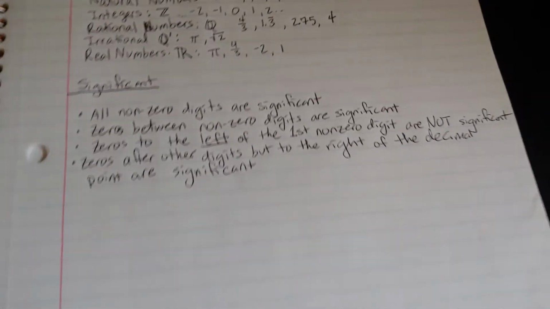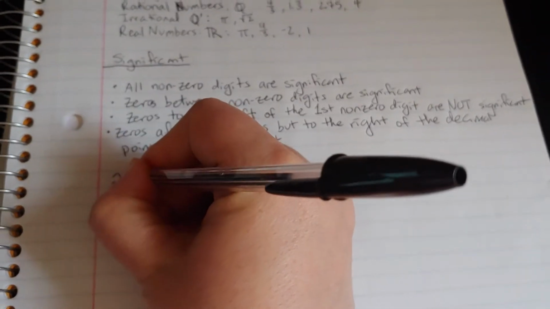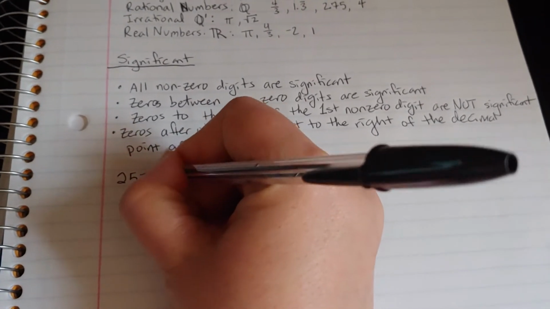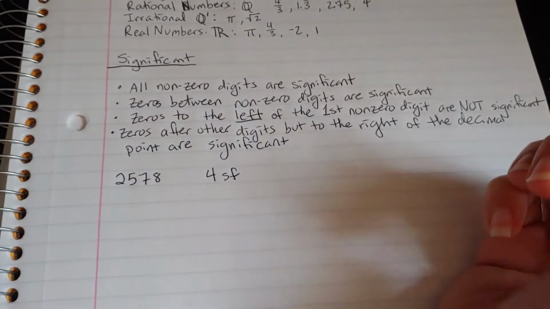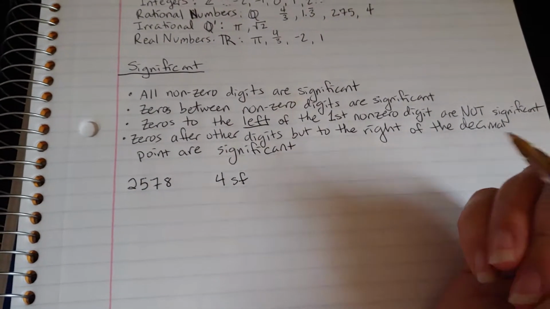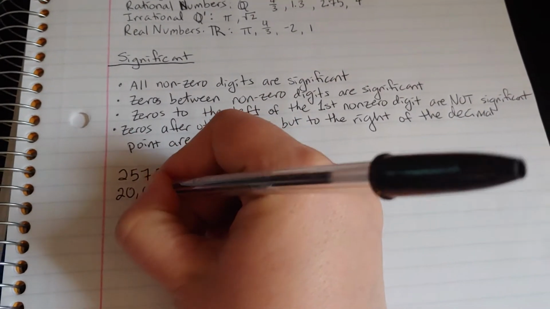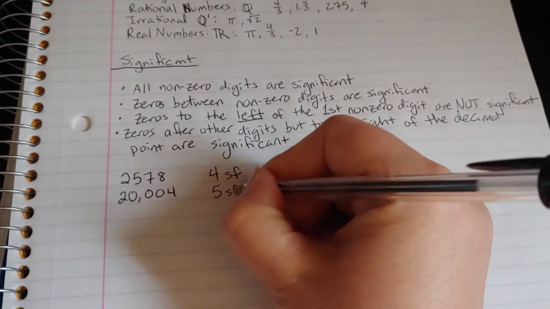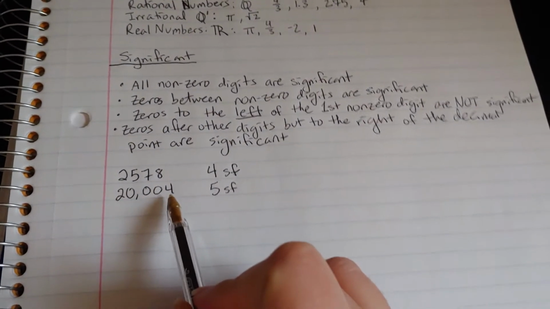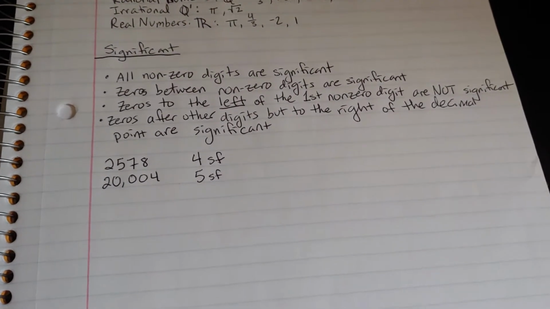So if I look at something like 2,578, it has 4 sig figs because I have 4 non-zero digits. 20,004 has 5 sig figs because of my 2 non-zero digits and then my 3 zeros between non-zero digits.